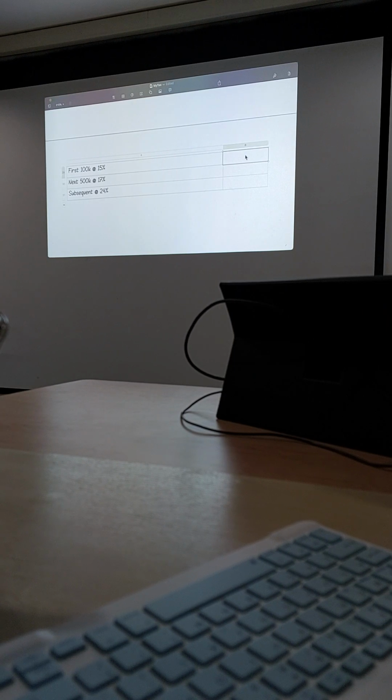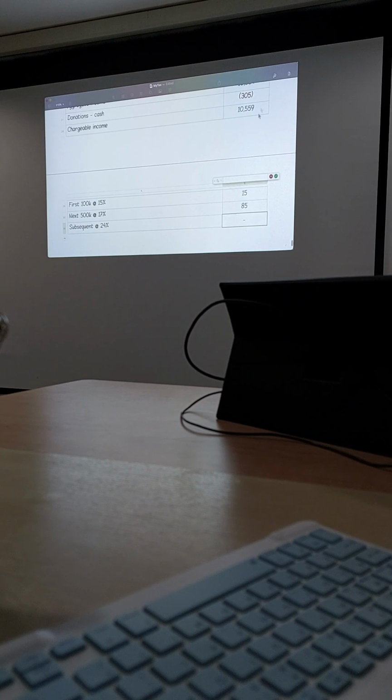So this one is 100,000 times 15%, which is 15,000. This one is 500,000 times 0.17, which is 85, and then the balance is this minus 600, times 0.24.